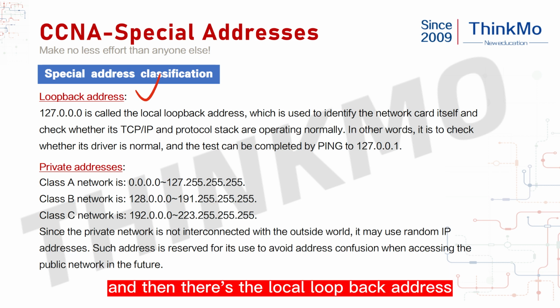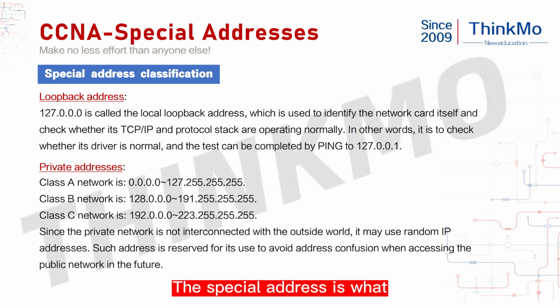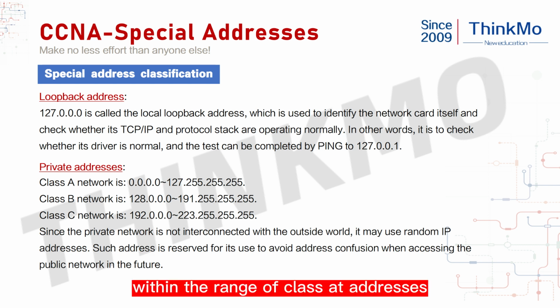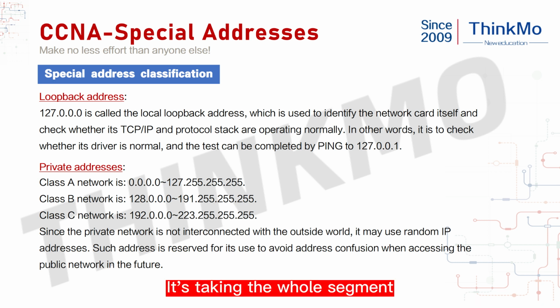And then there's the local loopback address, 127.0.0.0. This special address is what we talked about in the last video, within the range of class A addresses. That's 127 right there. It's taking the whole segment.